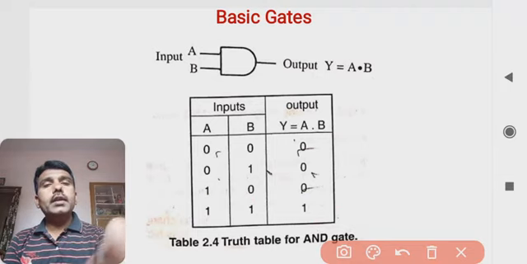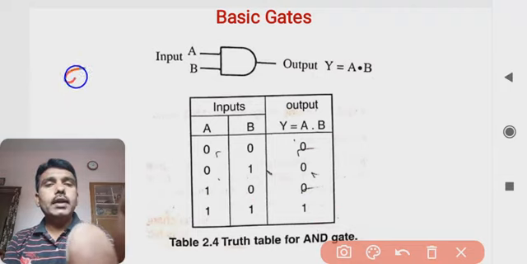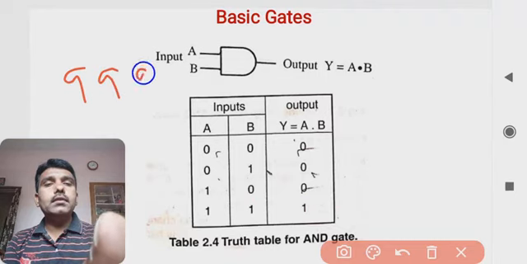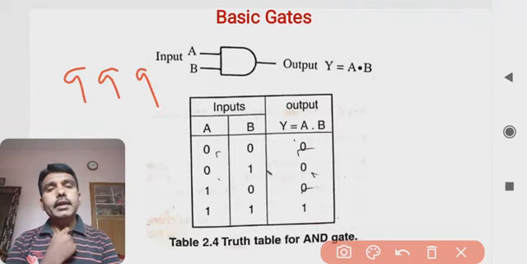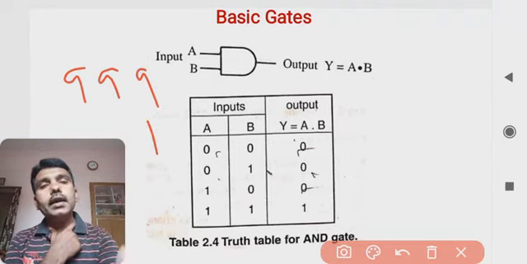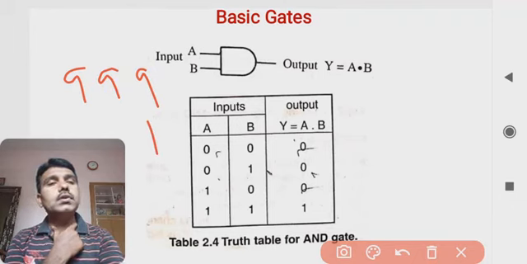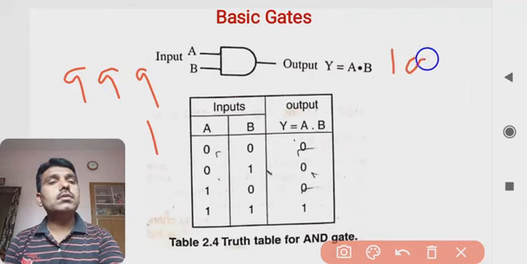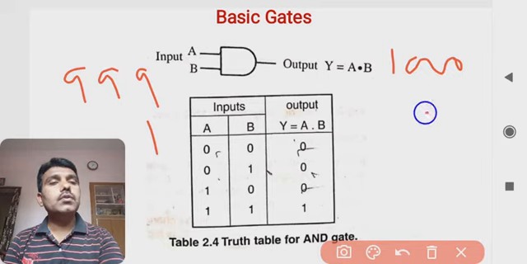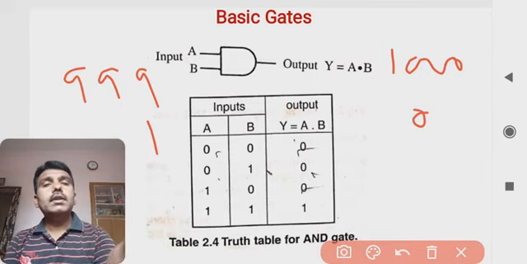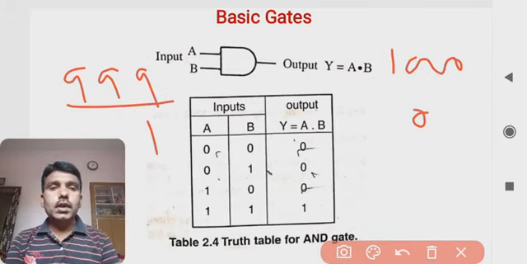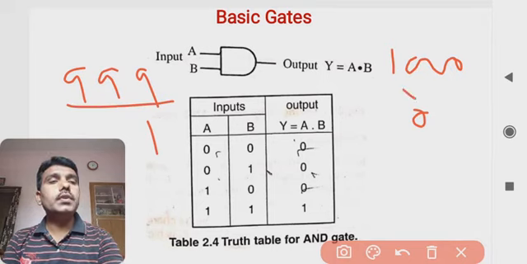Suppose n inputs, that means 1000 inputs, are there instead of these two, and 999 of them are high and the 1000th is 0. So 999 inputs are 1, but only one is 0.